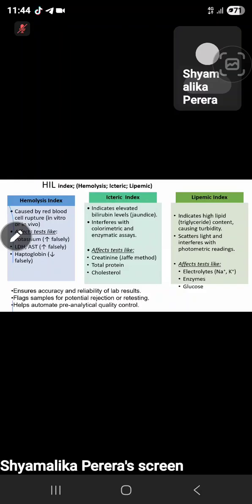Before analysis, you have to program your instruments with the amount of hemolysis identification, the amount of icteric level identification, and the amount of lipemic level identification. And based on those criteria, your automated analyzer will flag you that these samples are not good for the analysis because of an increased hemolysis index.